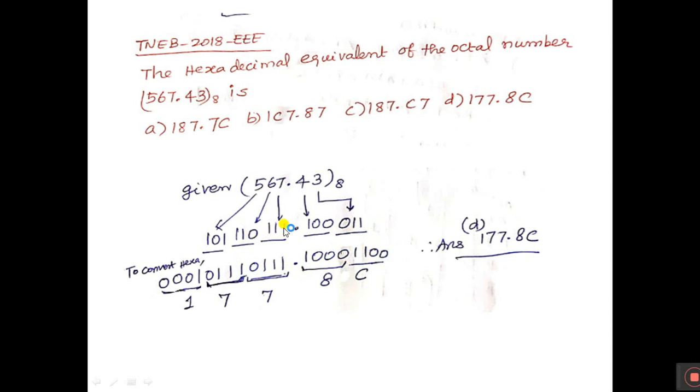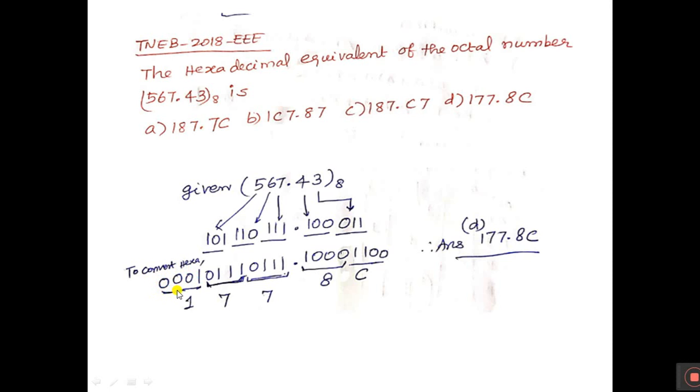Similarly, I take the left-hand side part as 1 1 1 0 and the remaining digit is 1, so I can add some more zeros in front of this digit.